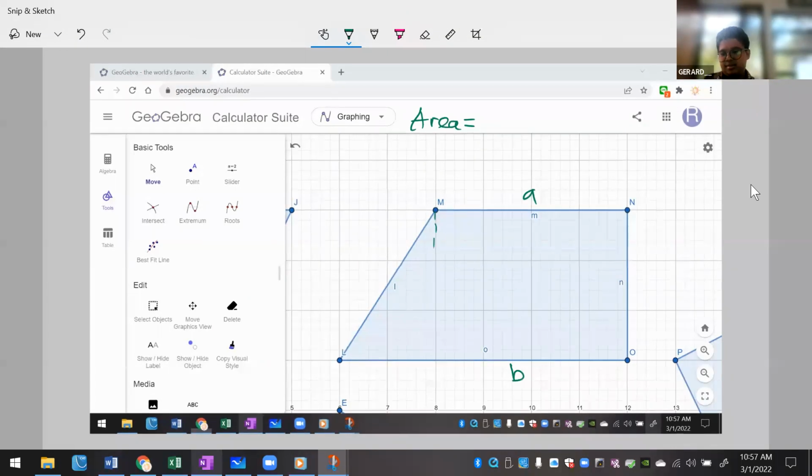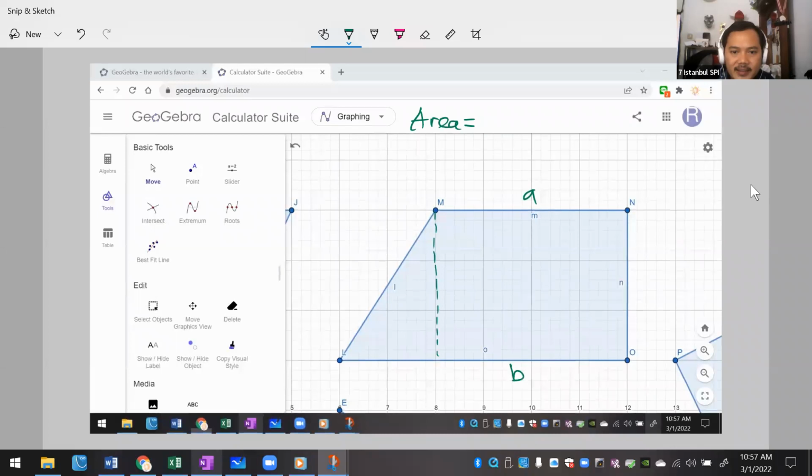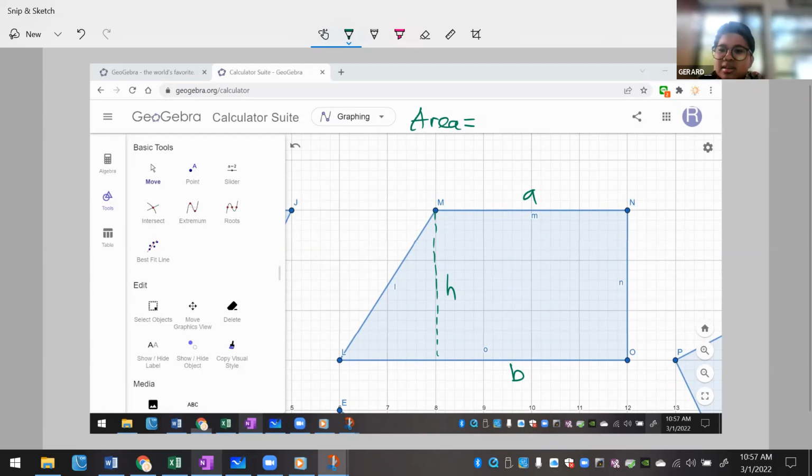And then this is the height. 12, Pak. Berapa? 12. Dari mana 12? Saya nanya rumusnya dulu. Tinggi dikali lebar. Lebarnya yang mana? Tinggi dikali panjang. Panjangnya yang mana? Panjang itu si B, Pak.